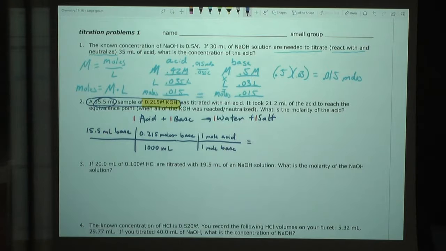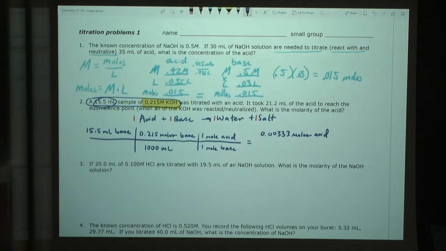I didn't bring my calculator, so let me punch the moles of acid. Unless someone's got it. 15.5 times 0.215 divided by 1,000, and the ones don't make a lot of difference. This is 0.00333 moles of acid.